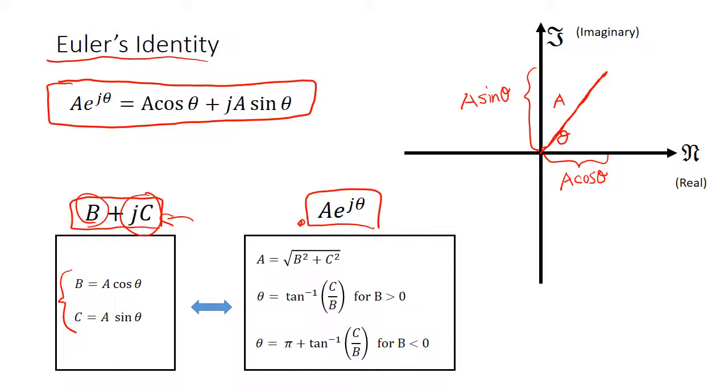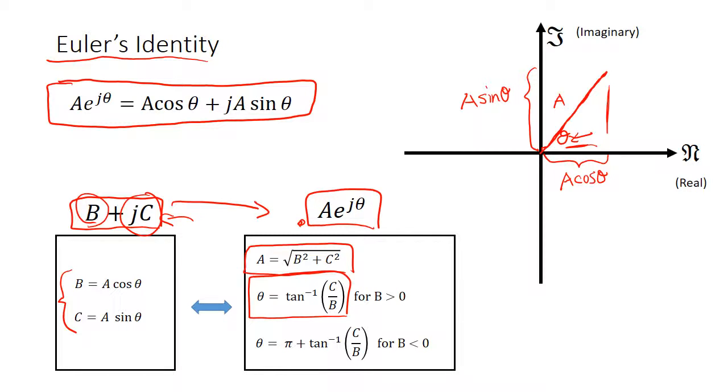And if you have the Cartesian form and you're trying to find the polar form, you can see that graphically you can find a using Pythagoras' theorem, and then you can find this angle theta by taking the opposite divided by the adjacent and taking the arctan of that.